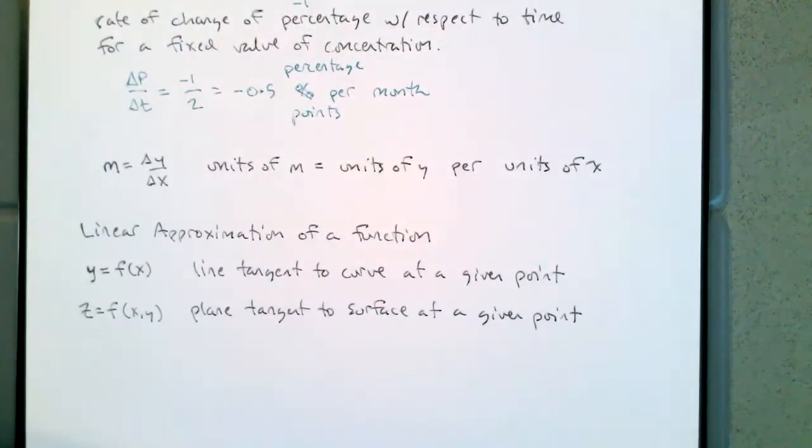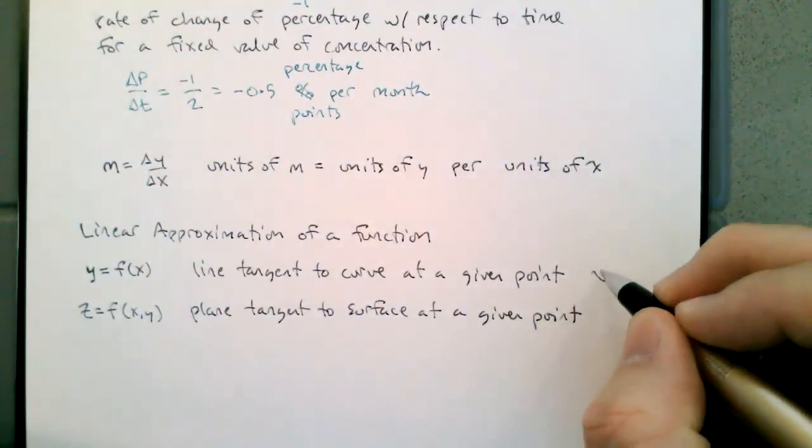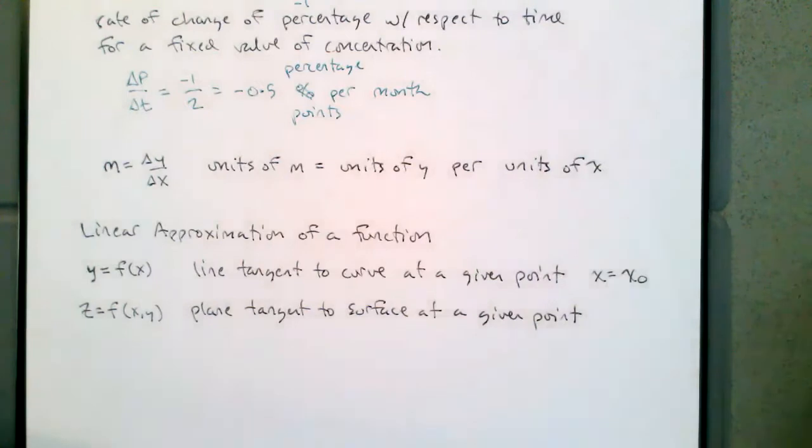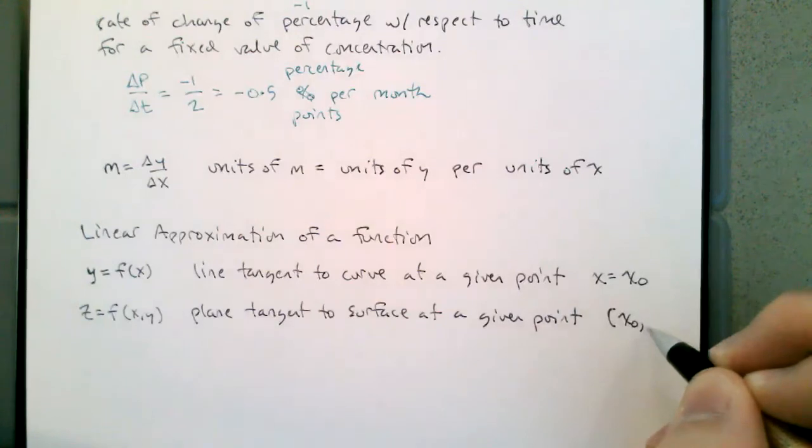The given point in the equation of the line is just, say, at x equals x naught. But a given point on a surface will have two inputs, x naught and y naught.